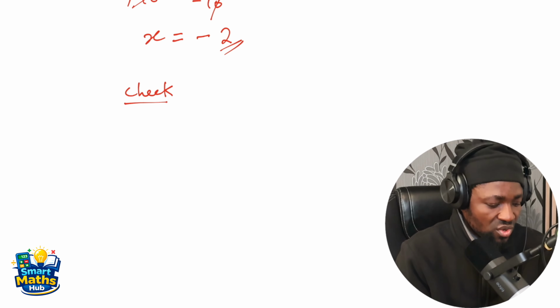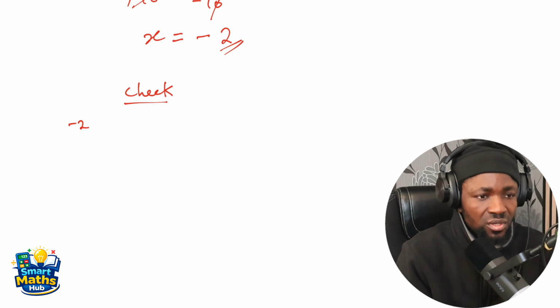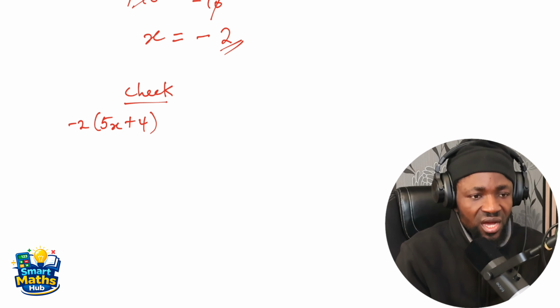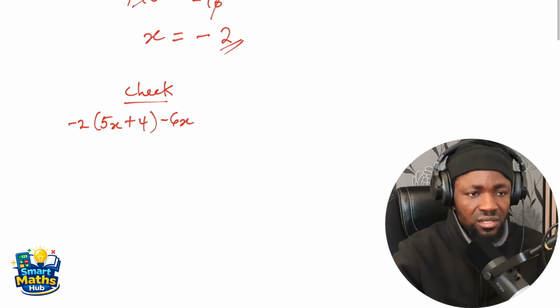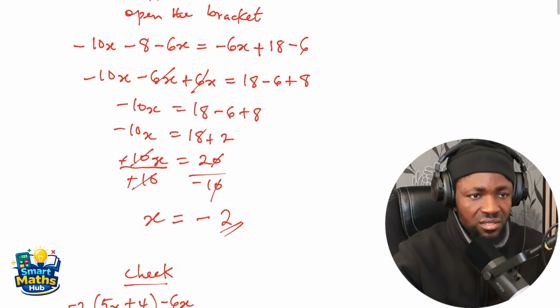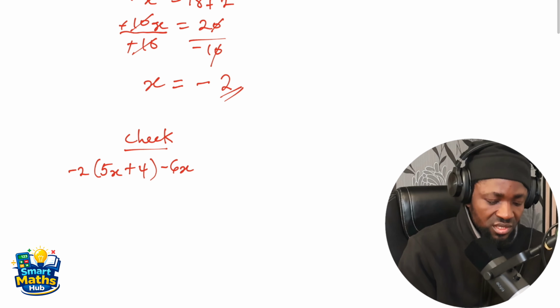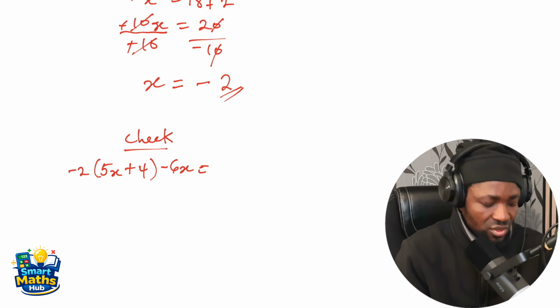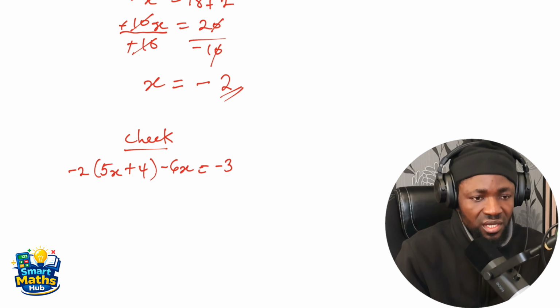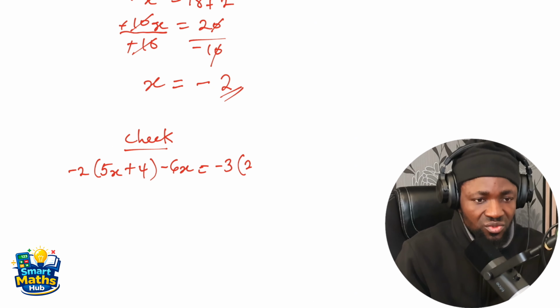What's the question? The question is minus 2, open the bracket, 5x plus 4, close the bracket, minus 6x, then equals to minus 3, open the bracket, 2x minus 6, close the bracket, minus 6, right?